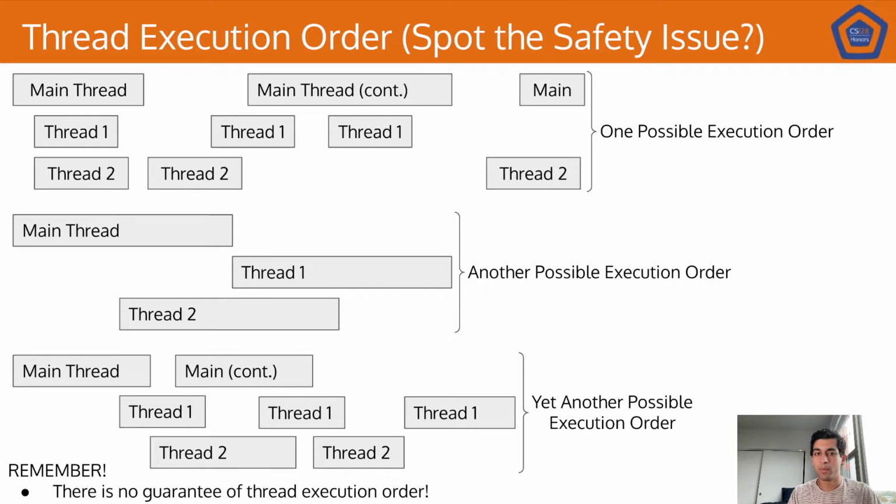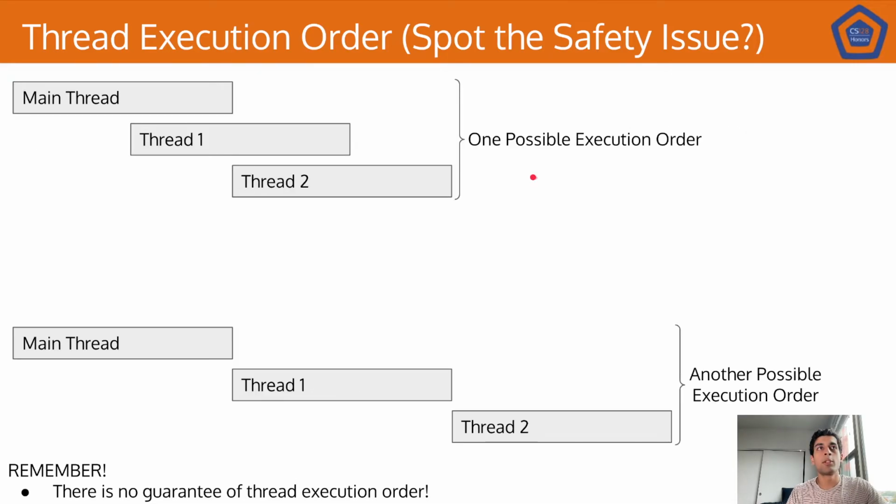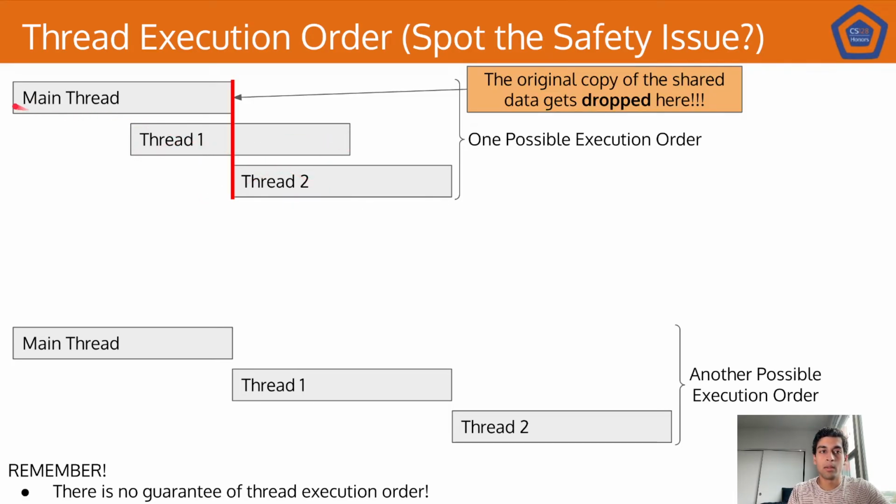So why is that an issue for us? Well, let's just consider this basic one. The main thread, thread 1, and thread 2. Well, we said when a thread finishes, all of its data gets dropped. So if we have this shared data in the main thread, that data will get dropped when the main thread finishes.